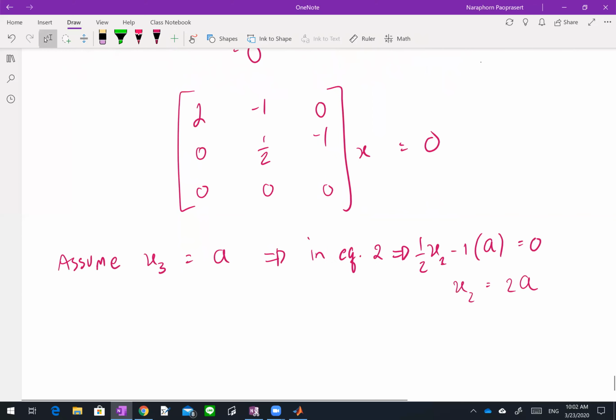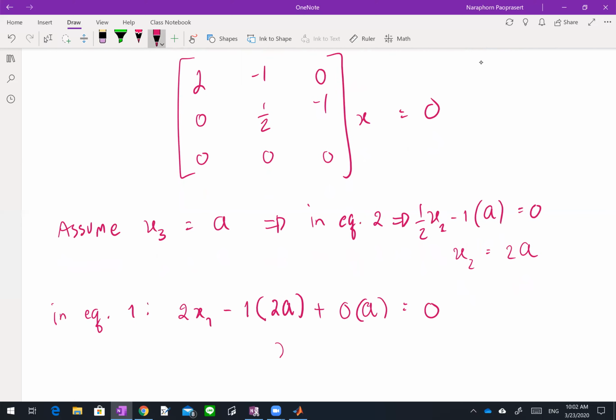In equation number 1, you get 2x1 minus 1 times x2, which is 2a, plus 0 times x3, equals 0. So basically, you have x1 equals a.